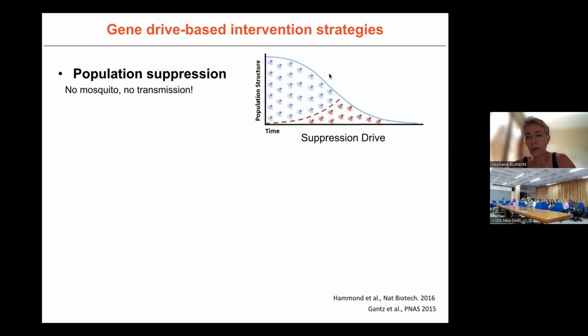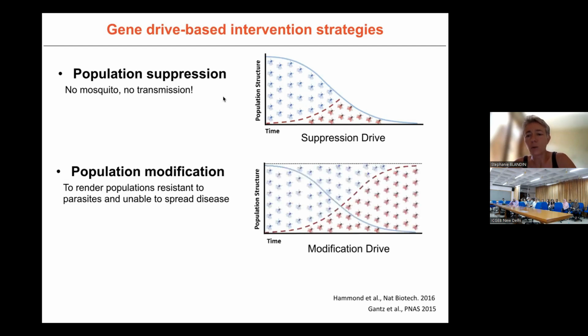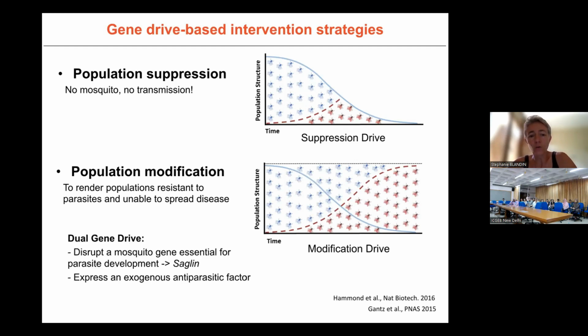So what we work on in this specific case is actually a population modification. In this case, what you would put in the gene drive cassette is something that would make the mosquito more resistant to malaria parasites and therefore less able to transmit the parasite. The design I will mention in my following slides is what we designed, a dual gene drive, where two strategies are coupled in just one gene drive.